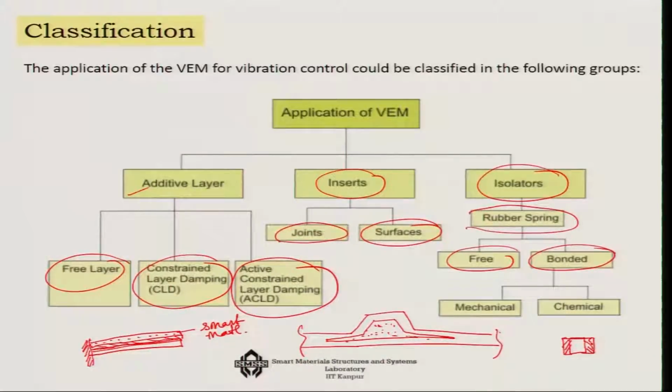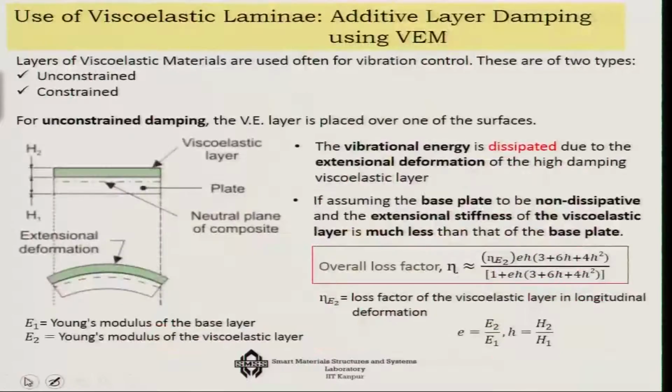So, you can have this kind of situation, and the bonding between the two could be either mechanical or chemical. So, there are so many possible applications of viscoelastic material. It is really very good in terms of vibration control. Now, let us look into a few of them. I will just give you the overall results of them.